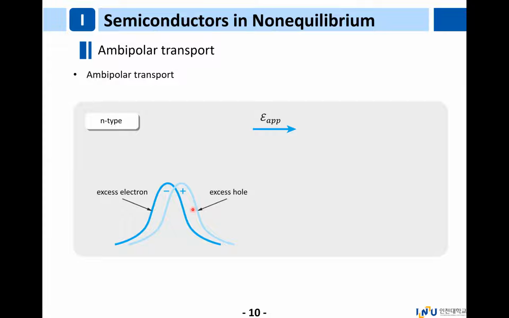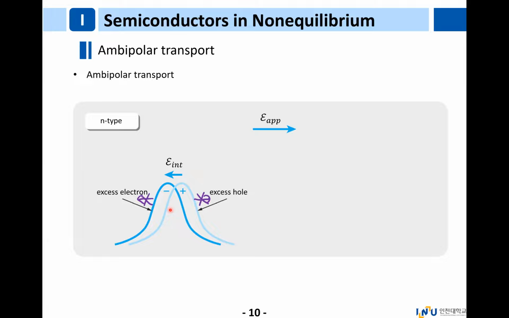However, the spatial separation of excess electrons and holes creates an internal electric field, generating an internal force that attracts them toward each other, preventing their separation. So it will prevent this separation because of this internal electric field.